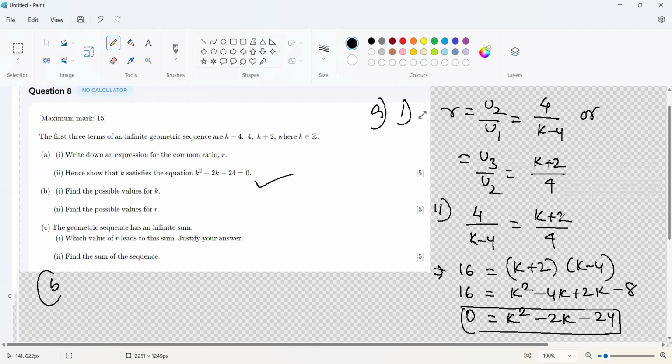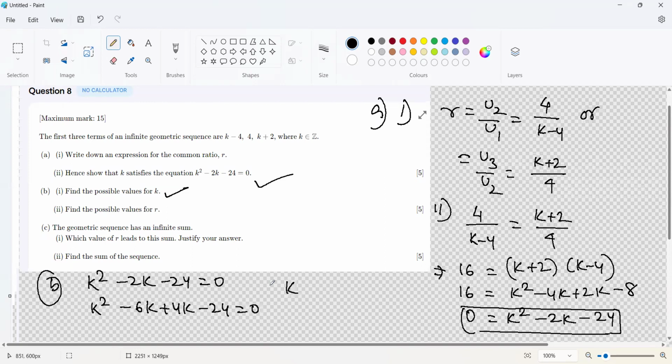Now the second part is we need to solve this quadratic for finding the possible value of k. So I'll solve this quadratic k square minus 2k minus 24 equal to 0 to find the value of k. Use the middle term split, 6 times 4 is 24.